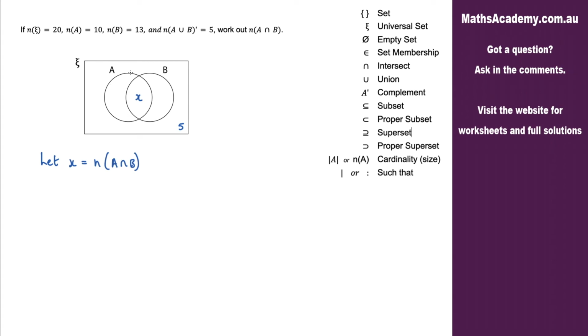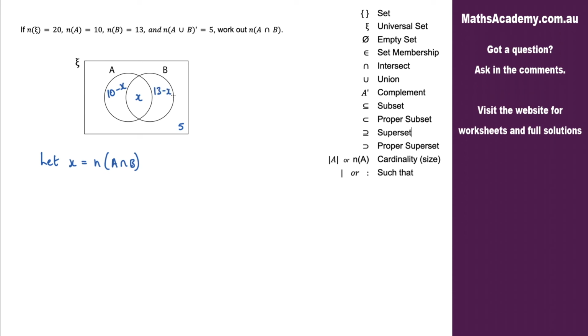Well, if the size of A is 10, the whole thing is 10, then just this area here would be 10 minus X. And similarly for B, it's 13. So this section here would be 13 minus X.